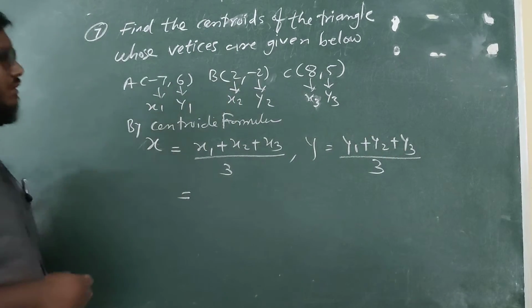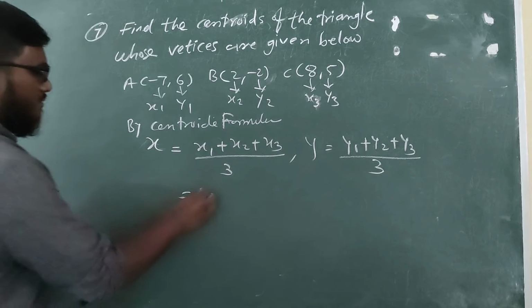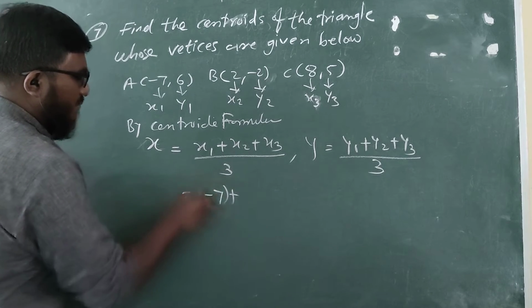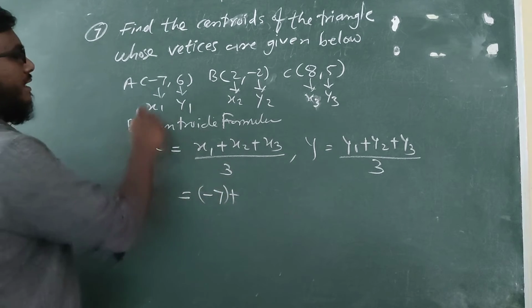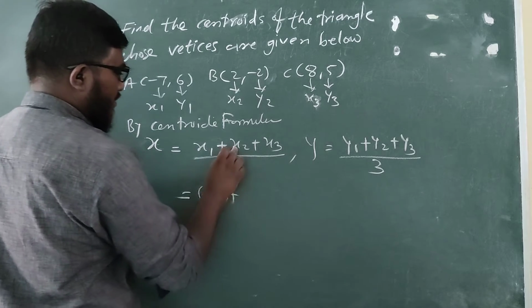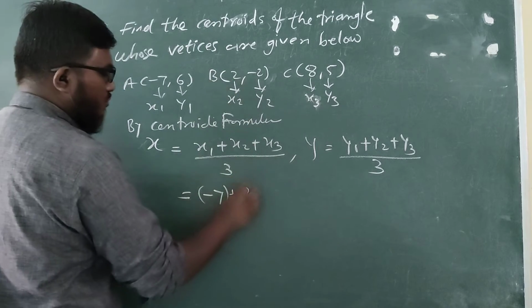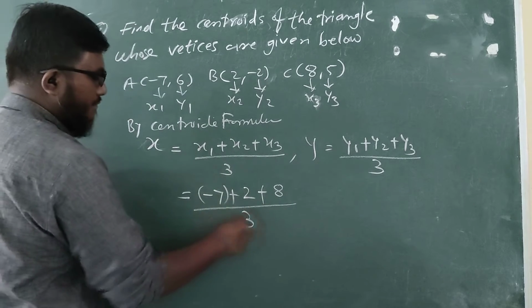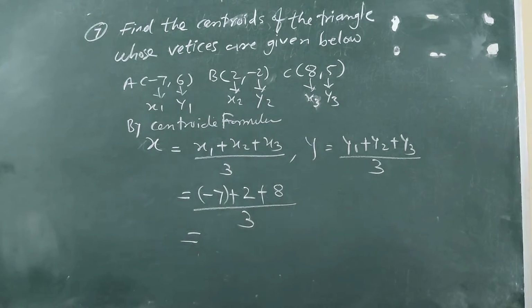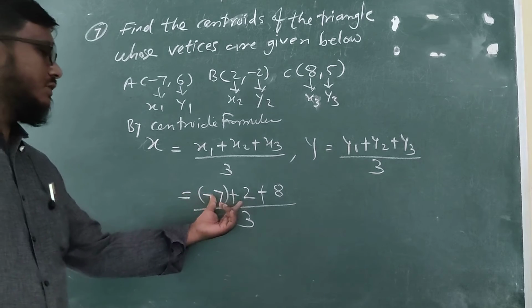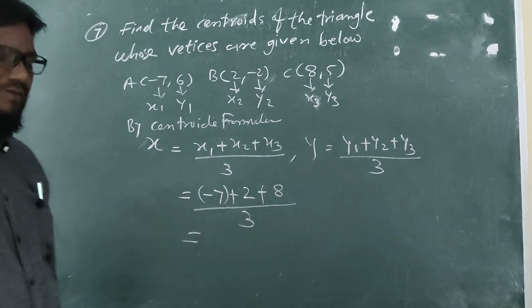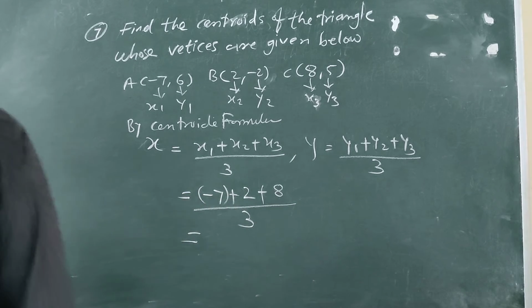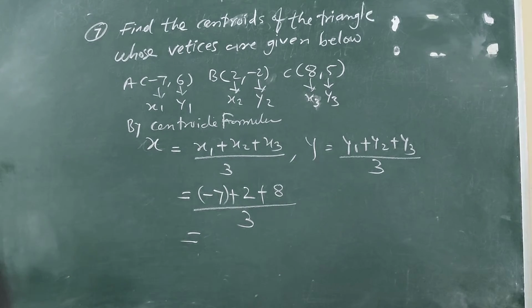Now we'll substitute the value of x1. x1 is what? Minus 7 plus, if minus sign is there we have to put bracket, minus 7 plus this 2 plus 8 divided by 3. Now we have to solve. First of all we will do this thing. Now when we open the bracket it will become minus plus minus.